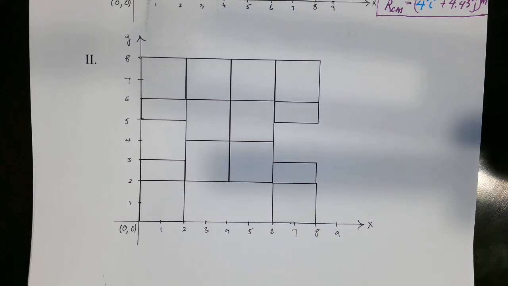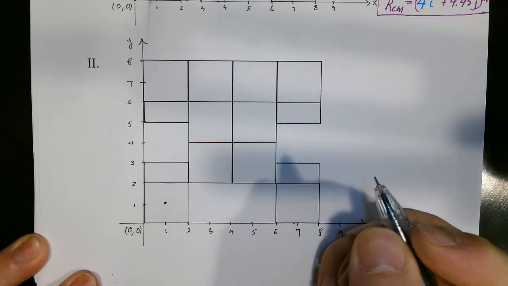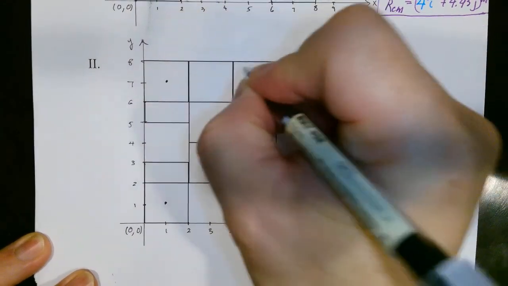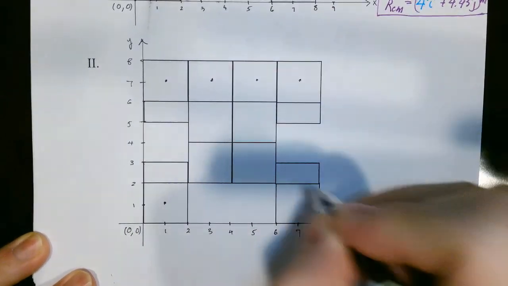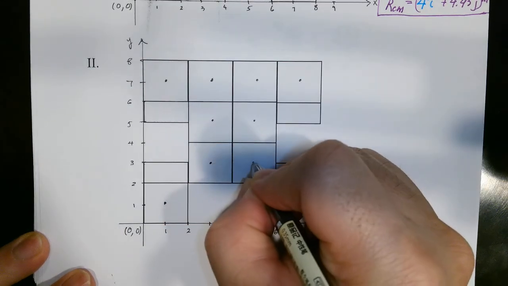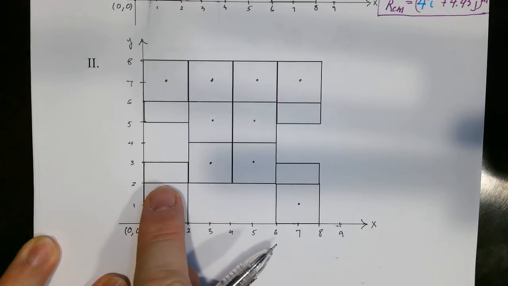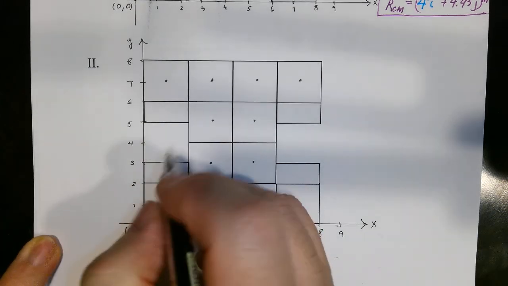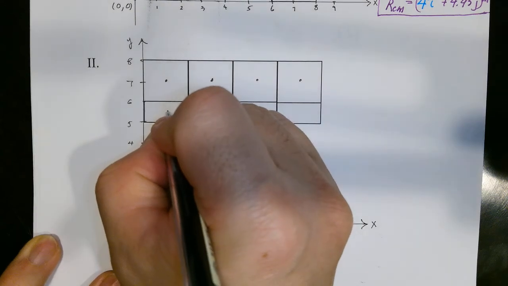All right. And of course, the center of mass will be at the geometric center, right? But for these halves, it still has to be at the geometric center, right here.